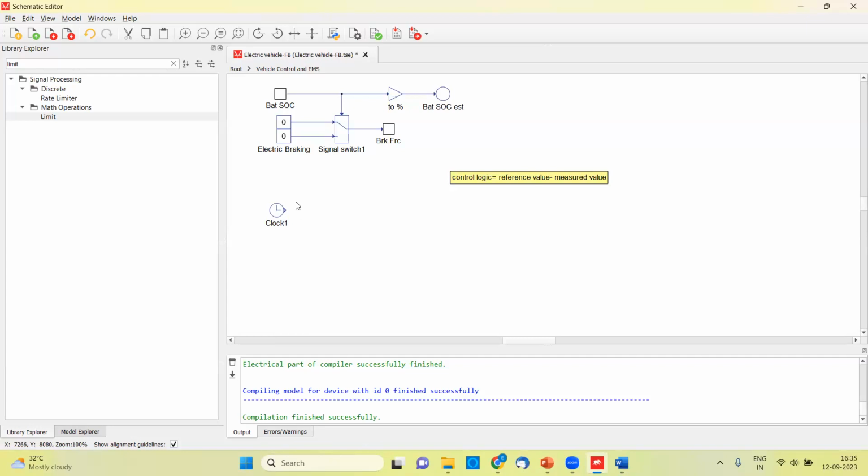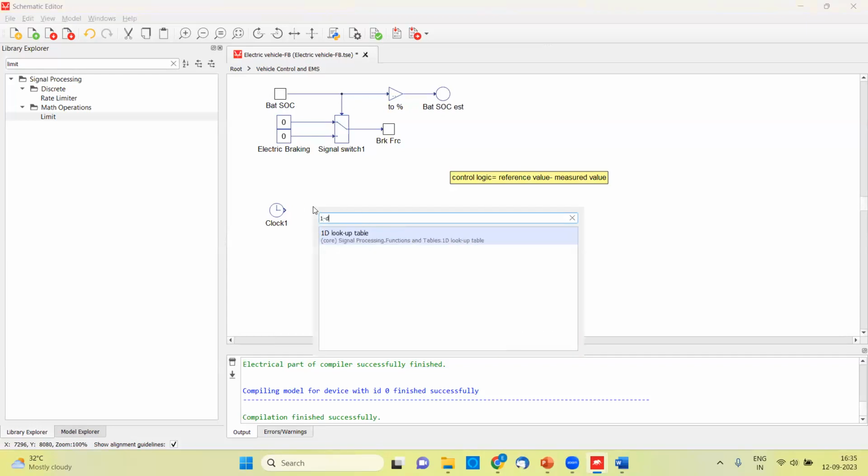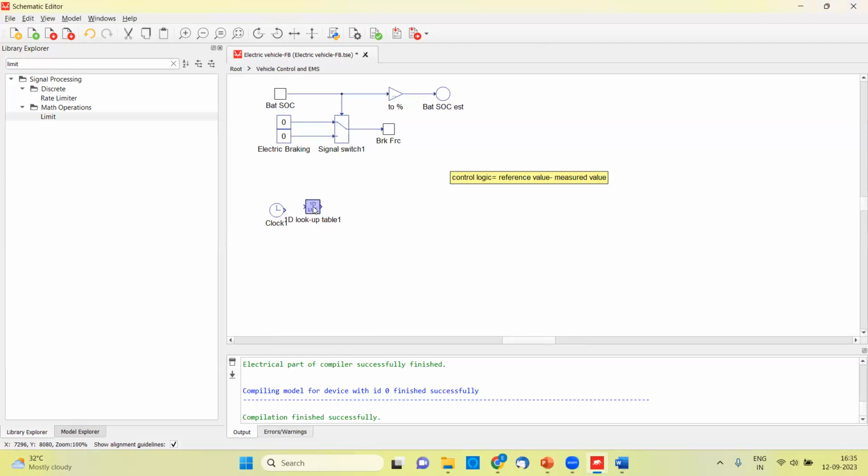That is why I'm using this clock symbol, and after this clock symbol, I'm going to use a 1D lookup table. You can see this is one block which we have. I'm connecting the clock with this 1D lookup table. I'm just going to change the name and keep it as ECE driving cycle.